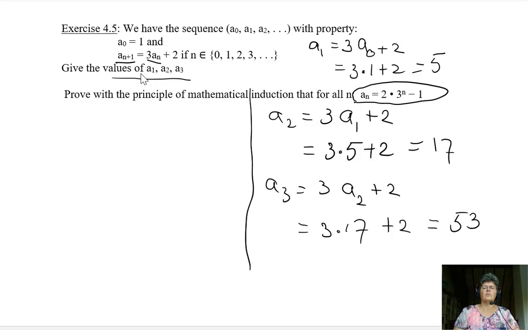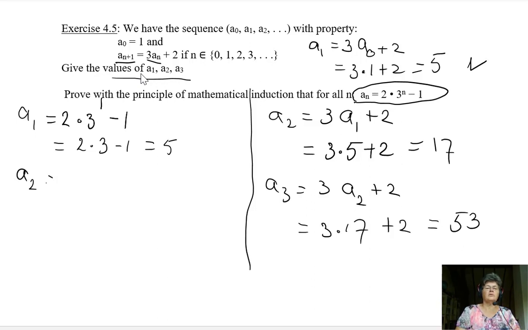So for A1 it would mean that it's 2 times 3 to the power of 1 minus 1. So that would be 2 times 3 minus 1, that would be 5. Yeah, check. A2, that would be 2 times 3 to the power of 2 minus 1. So that would be 2 times 9 minus 1, would be 17.